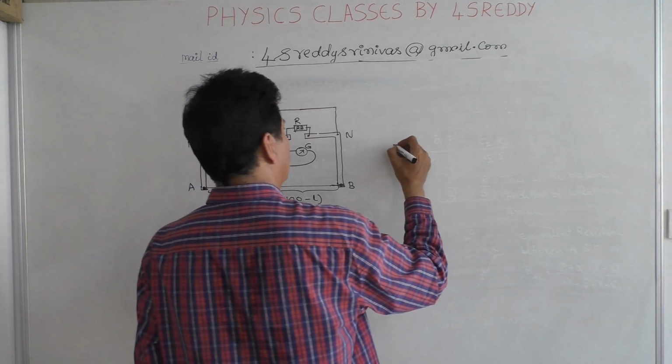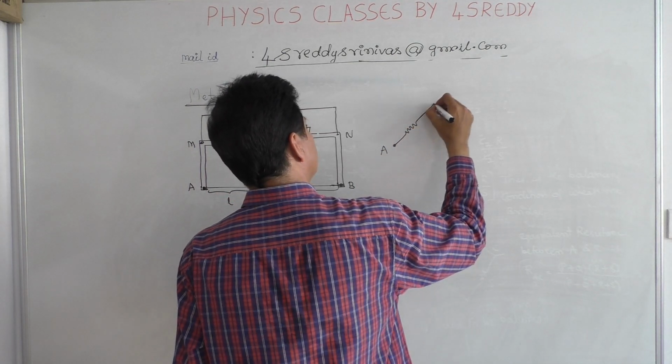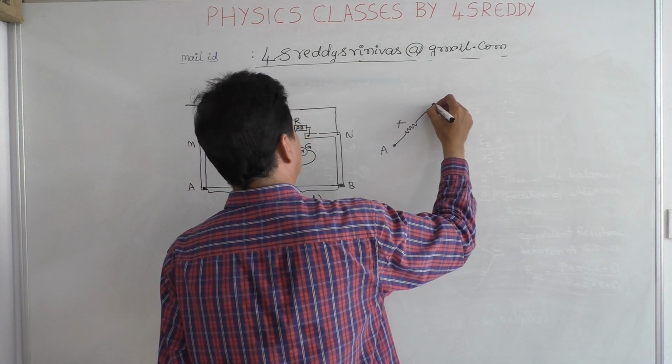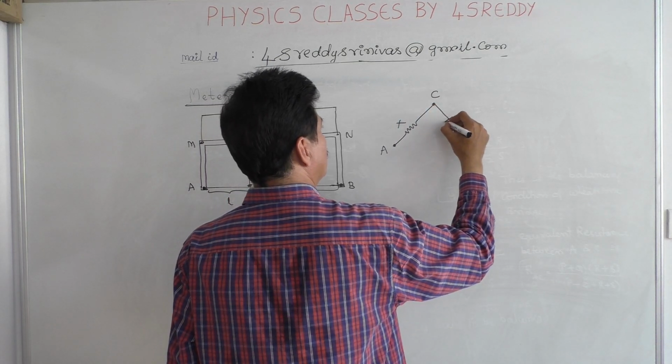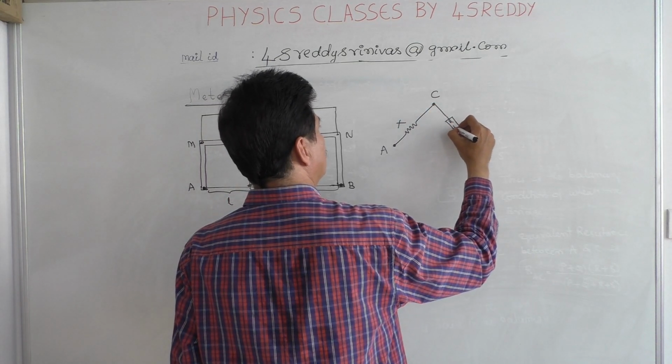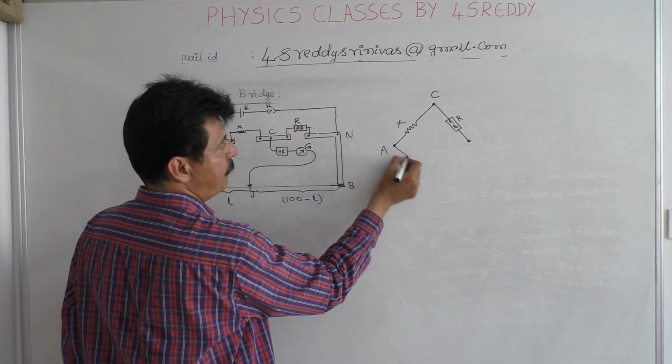We can also connect like this. This is A. You can take this is X and this is C, and now this is RB that is having a resistance R like this.